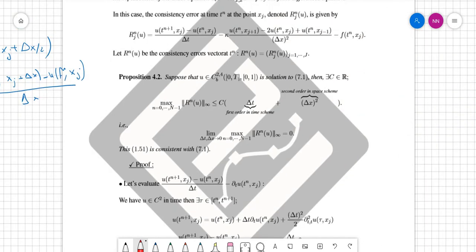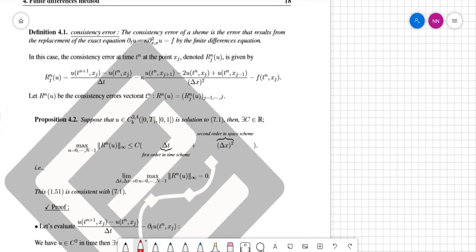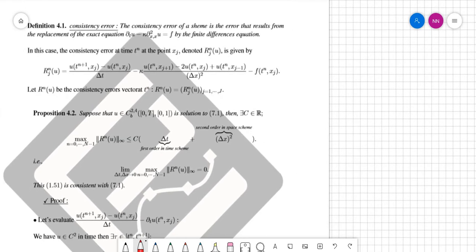To do this study, we will define what we call the consistency error. What's the consistency error? The consistency error of a scheme is the error resulting from the replacement of the exact equation by the discretized equation, the discretization. So it's the difference between the discretized form and the continuous form.